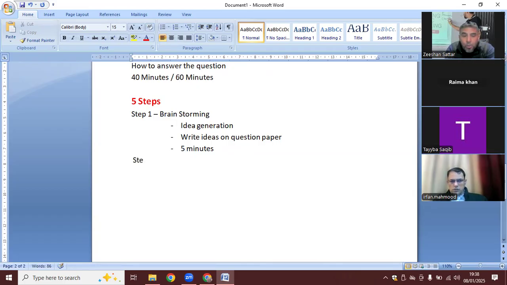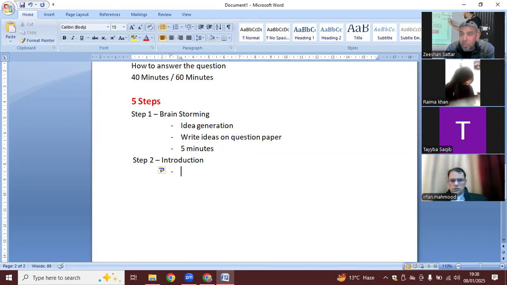Step number 2 is known as introduction writing. Introduction writing includes what? Introduction writing में हम क्या करने जा रहे हैं? The introduction writing includes the 5 sentences approach.